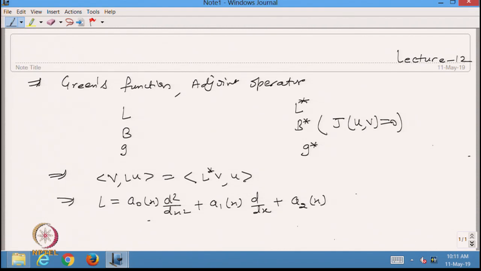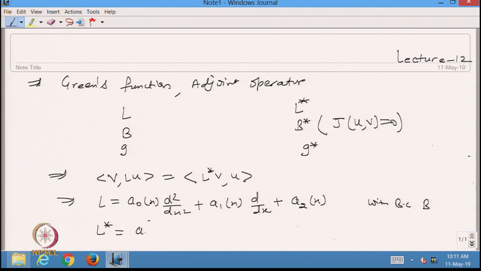This is my linear differential operator with some boundary condition that we represent by B. Then we are able to find the corresponding L star, the adjoint operator.